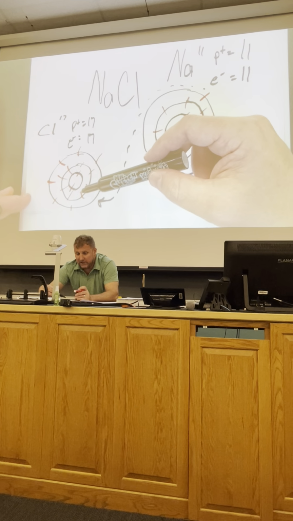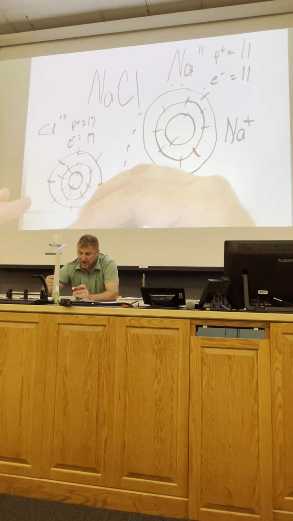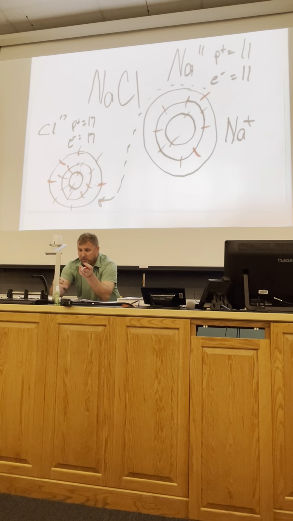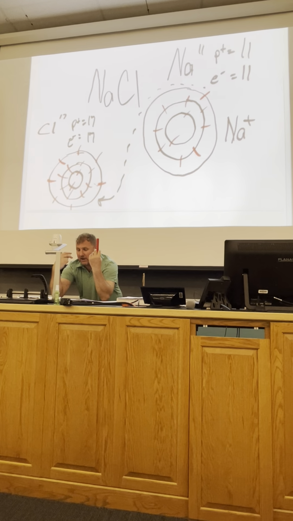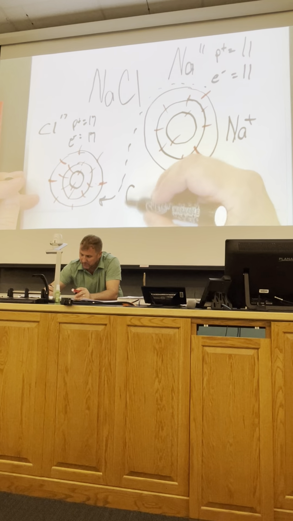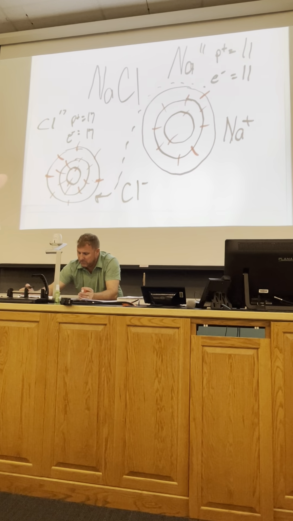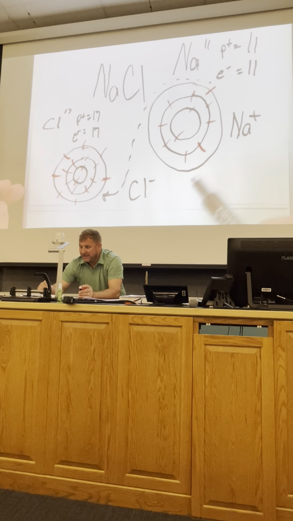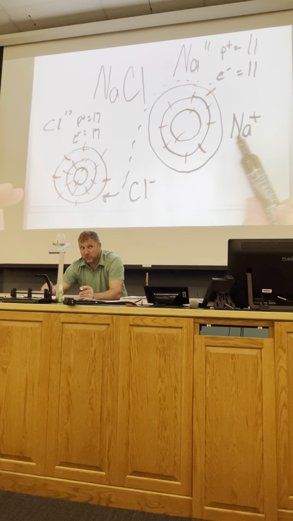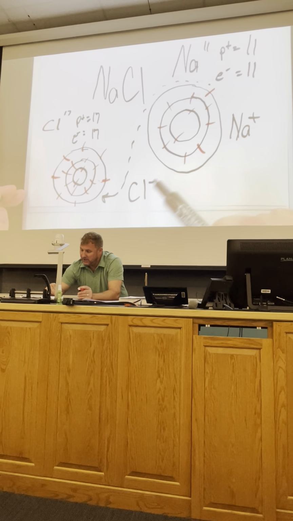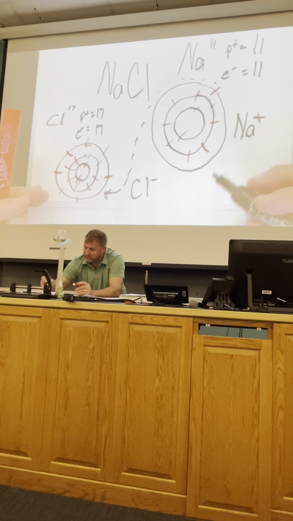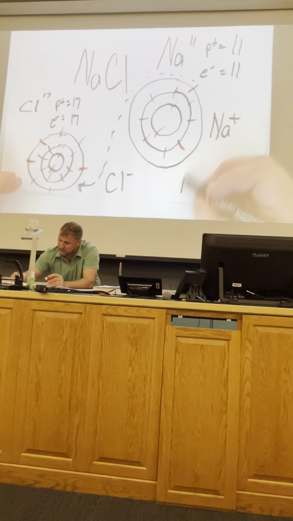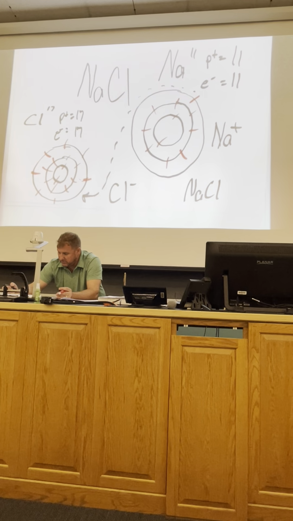Now if this chlorine accepts an electron, right now it's neutral, but if it takes on 1 more negative, what's it become? Negative. There's gonna be an electrostatic attraction between the two, and the sodium and chloride becomes salt.